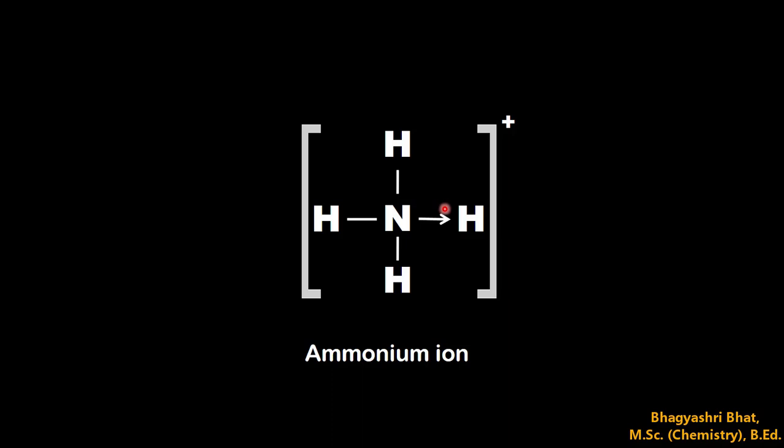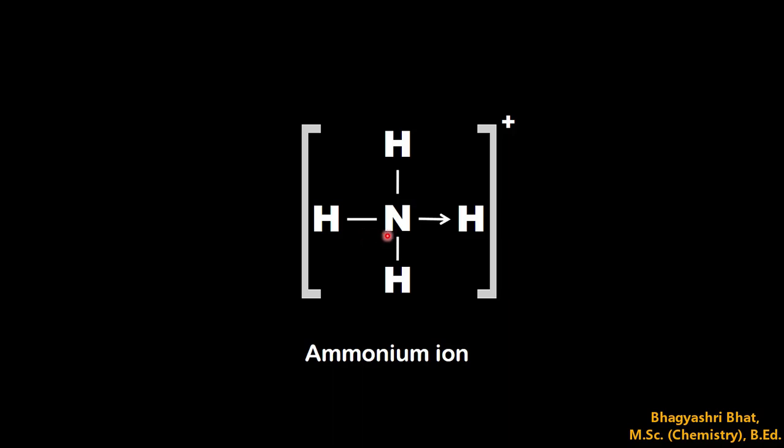So what is the difference between these two types of bonds? In a covalent bond, there are two electrons here, two electrons here, and two electrons here also: one electron of the H atom and one of nitrogen. So both N and H share one electron each.